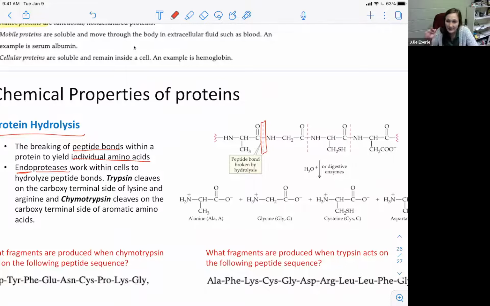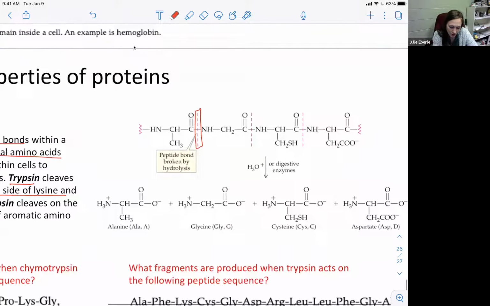Two examples of proteases here. Trypsin is one. It doesn't cleave every peptide bond. It only cleaves peptide bonds on the carboxy terminal side of lysine and arginine. What that means is on the right side, if it's written with the amino side on the left and the carboxy side on the right.